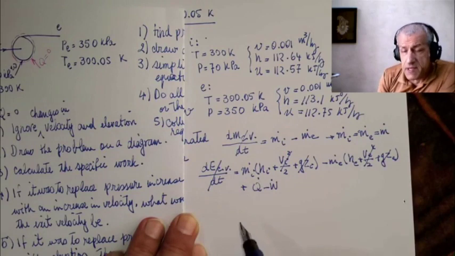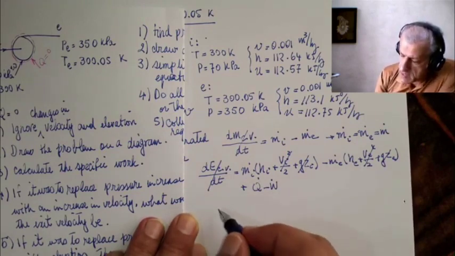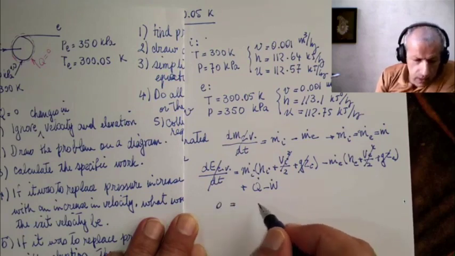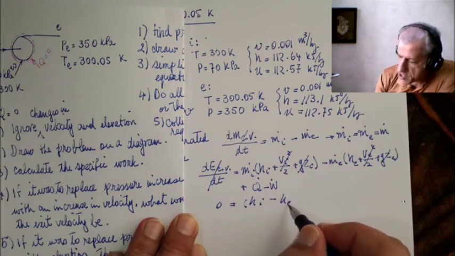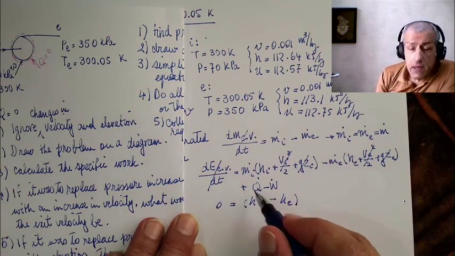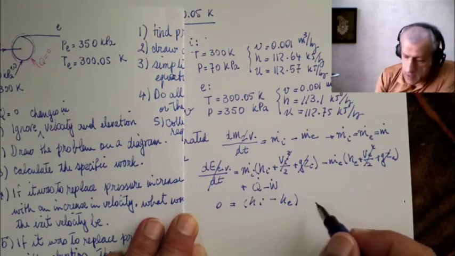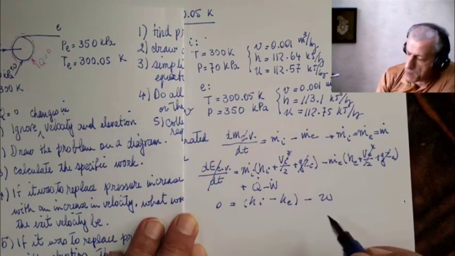We divide everything by mass flow, since mass flow is constant, and the outcome would be 0 equals h_i minus h_e, and heat transfer, the problem says, is negligible, and therefore minus w.